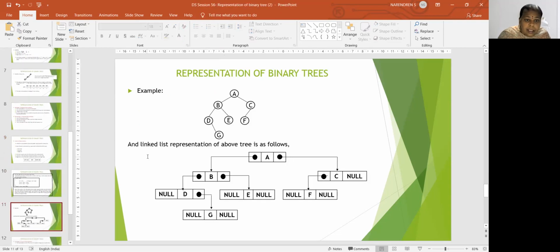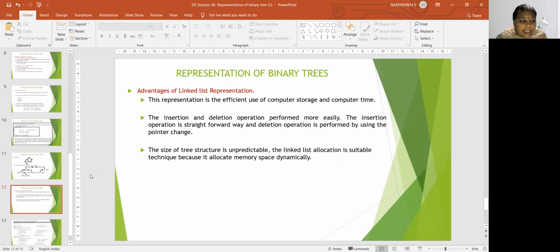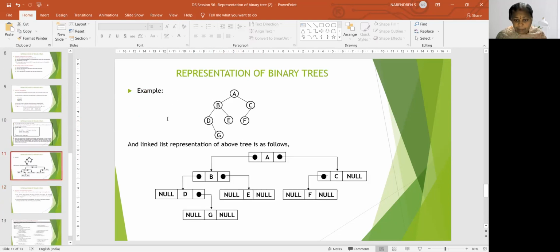Now, how can we represent binary trees in a linked list? Take this as an example: A, B, C, and D. How many nodes are present? 1, 2, 3, 4, 5, 6, 7 nodes are present. Take it like a tree representation. A is the starting node, the root node, and two fields are added here: a left link and a right link.